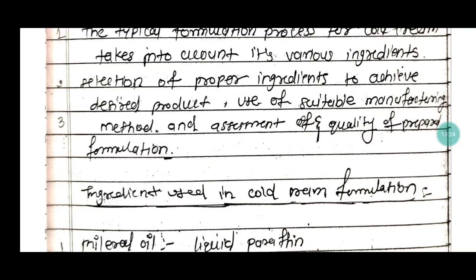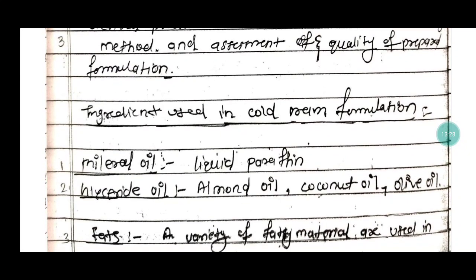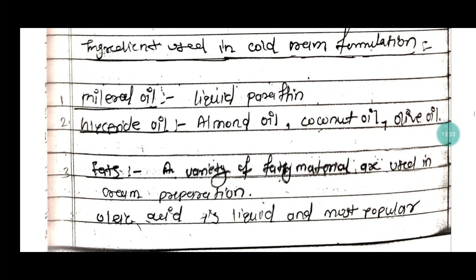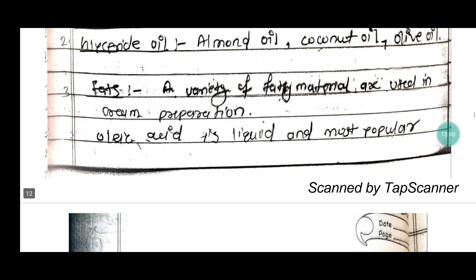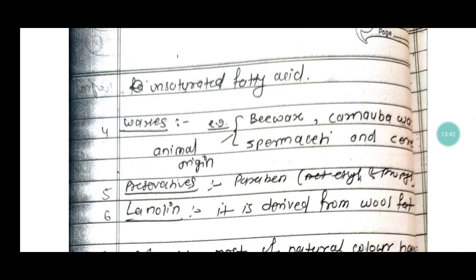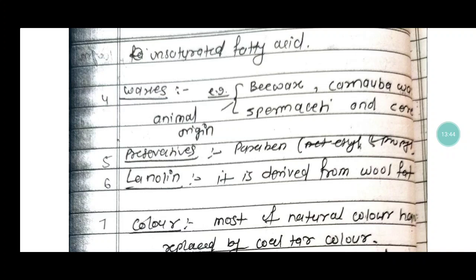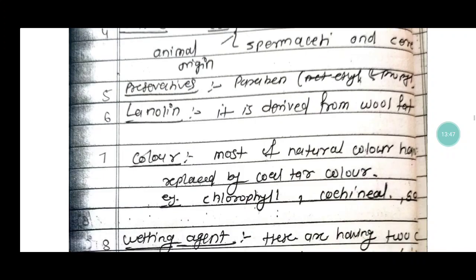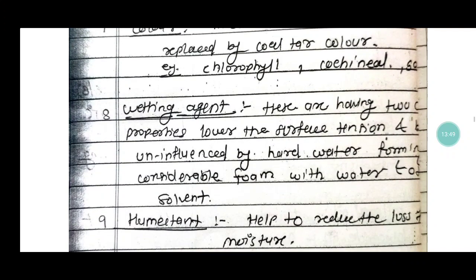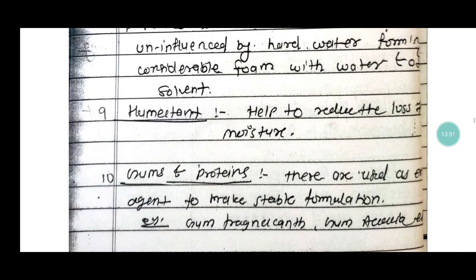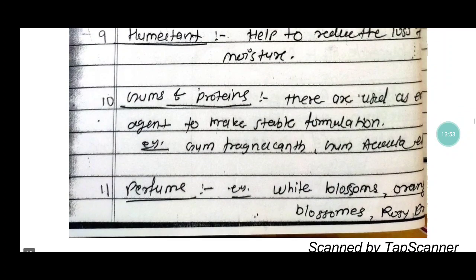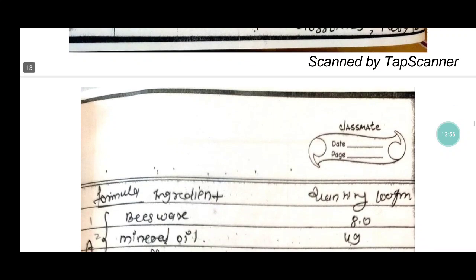The ingredients used in the formulation of a cold cream are mineral oil like liquid paraffin, glyceride oil like almond oil, etc. Fats, a variety of fatty material are used in the cream, and waxes, for example beeswax, preservatives, lanolin, color, wetting agents and humectants, gums and proteins are added, and lastly the perfume.